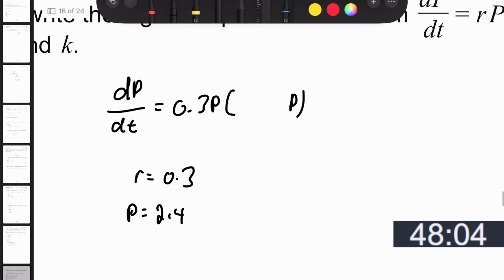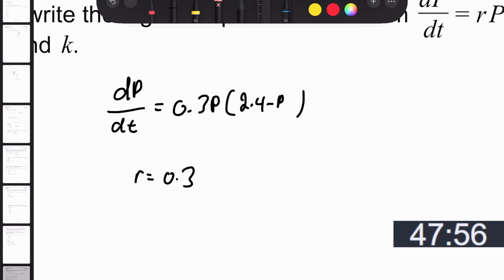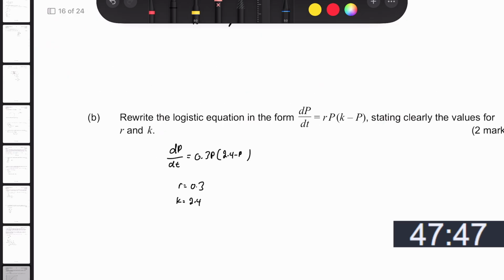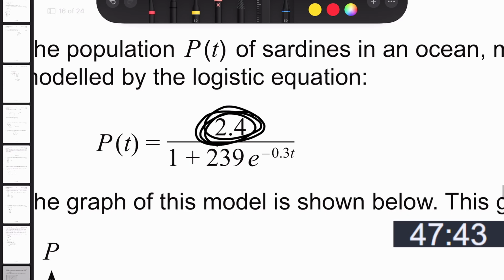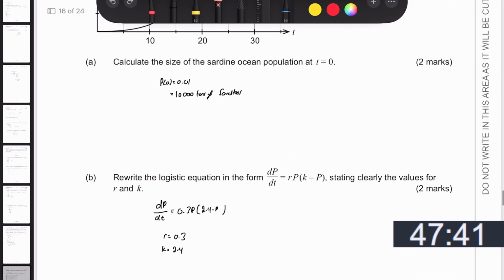K minus P. K minus 2.4. If I remember right, this bit here is like the limiting bit. So as it gets closer to this value, we're gonna get a thingamabob.